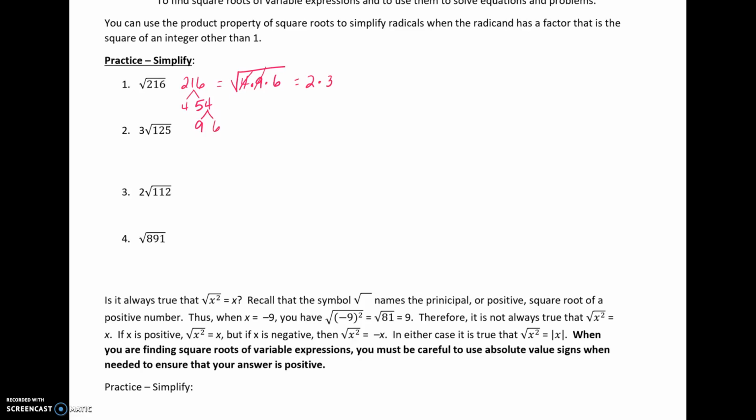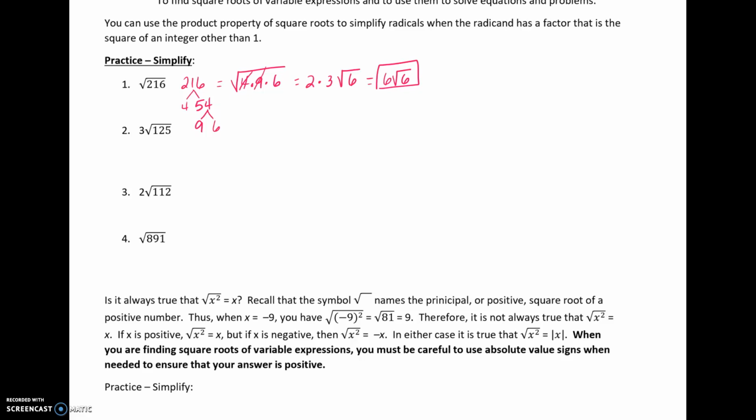So I have 2 times 3. But what is not a perfect square and does not have any other perfect square factors is 6. So it's staying under the radical. So I can then simplify this by doing 2 times 3 is 6 times the square root of 6. And I'm done.